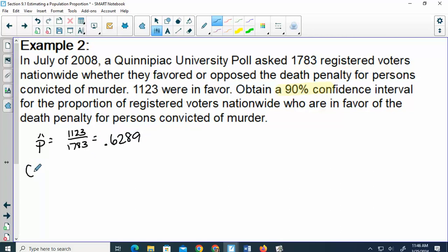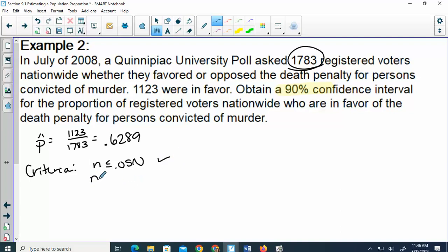Before we do anything else, we have to check our criteria. The sample has to be less than 5% of the whole population. Would 1,783 be less than 5% of all registered voters?